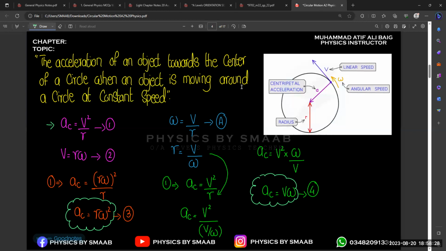I'm deriving both equations because when we are solving questions, sometimes they ask you to find the value of a_c in terms of v and ω. In this chapter we have multiple questions in our past papers on the same theme, to derive the formula or the equation in terms of this or that. That is why we are deriving the equations like this. Any confusion?